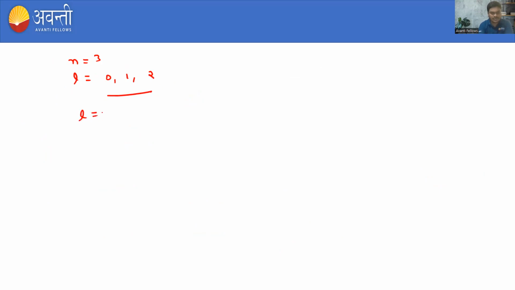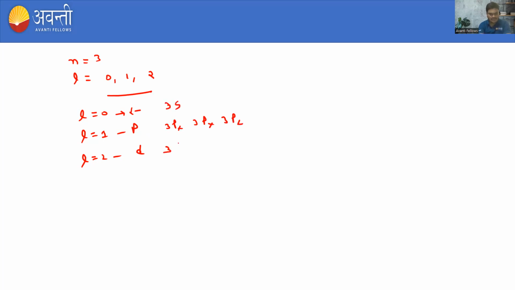So for L is equal to 0, we have an s subshell. L is equal to 1, we have a p subshell. L is equal to 2, we have a d subshell. For L is equal to 1, we have 3p, so we can write 3px, 3py, 3pz. Here we have only 3s.